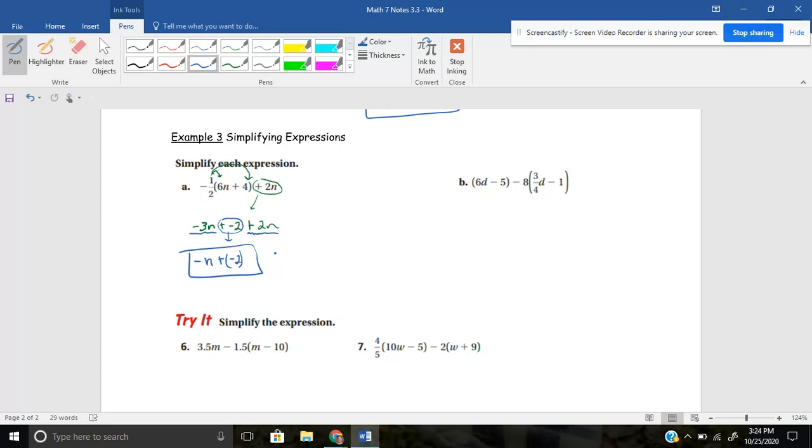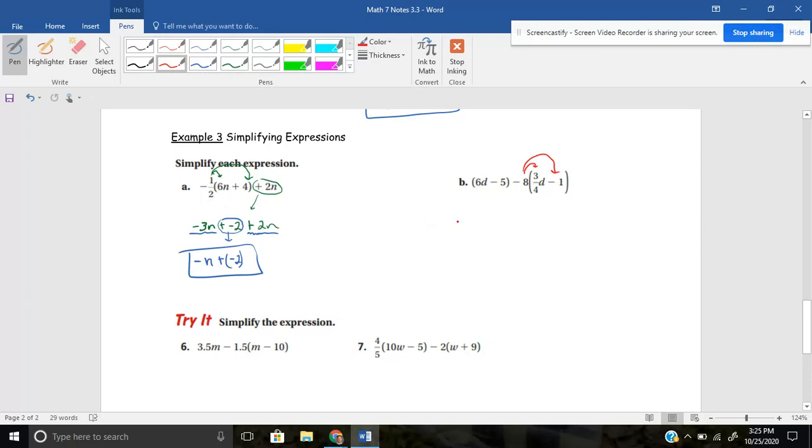All right, letter B is kind of similar to that, except now we're using subtraction. So I have 6d minus 5. That looks as simple as it can get. Minus, okay, I need to take 8 and distribute it to everything on the inside of my parentheses.